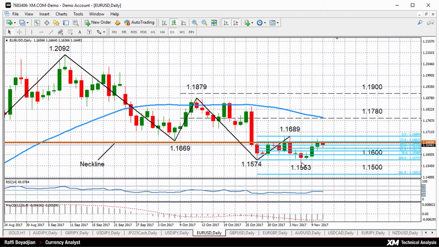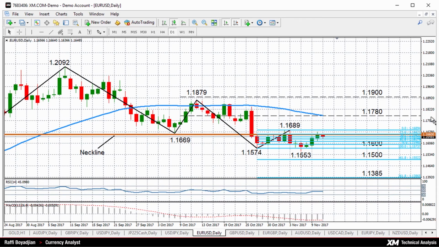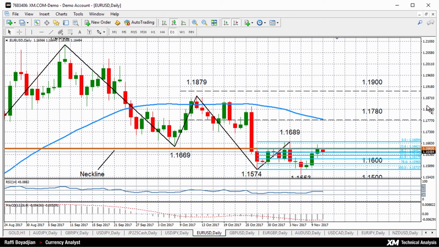That's a 3.5 months low, and then below that we could see a potential support coming from the 1.15 handle, and then further down at 1.1385.